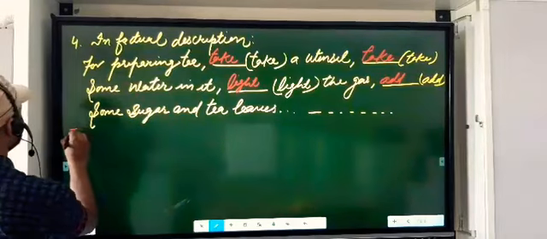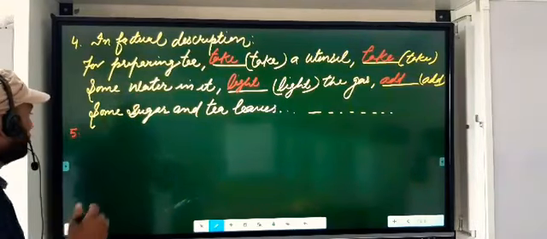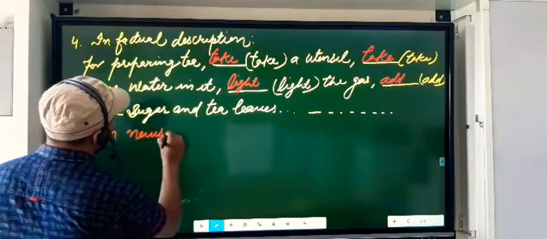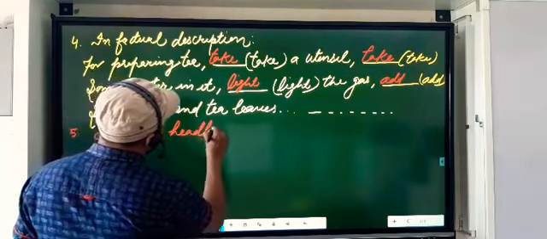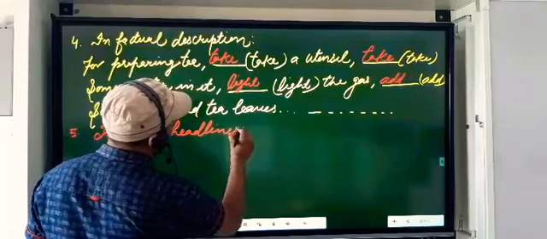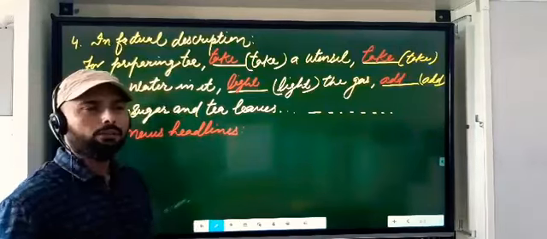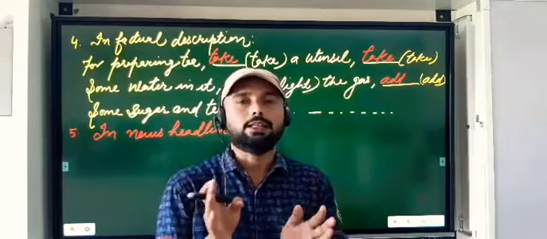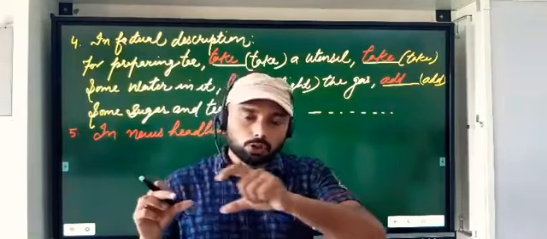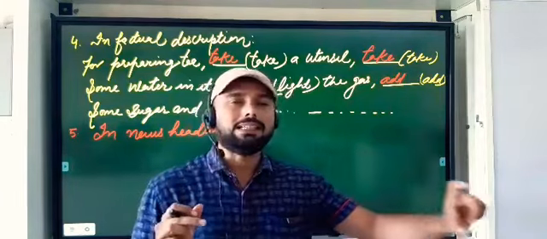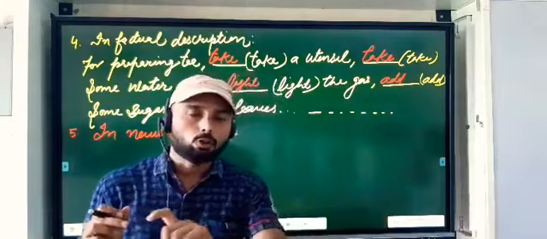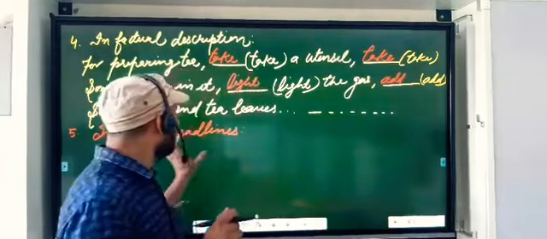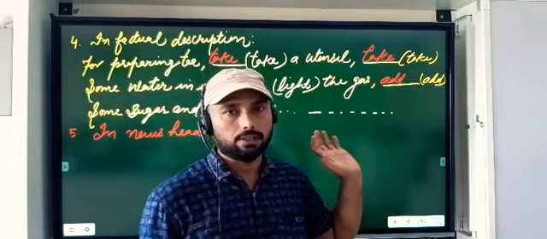नेक्स्ट यूज़ में देखिए, in news headlines. Whenever you watch some TV news channels, you find that the news headlines that are scrolling, running at the lower side of your TV screen, are all in present indefinite tense.